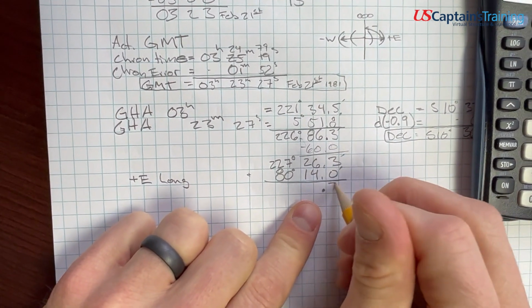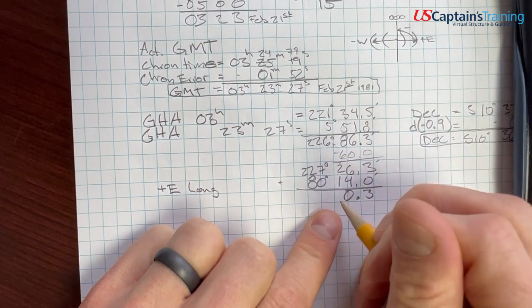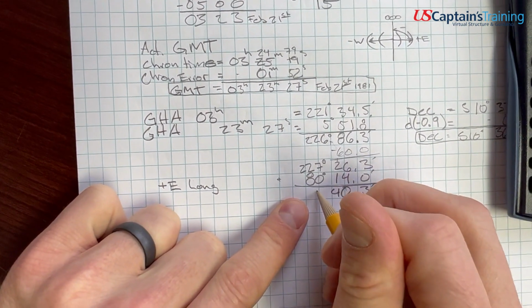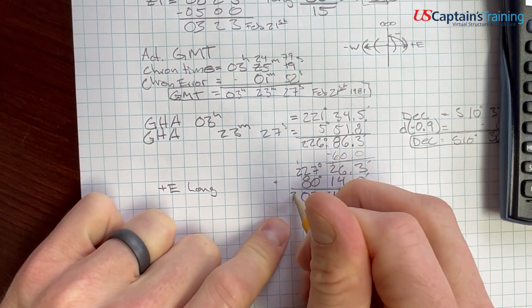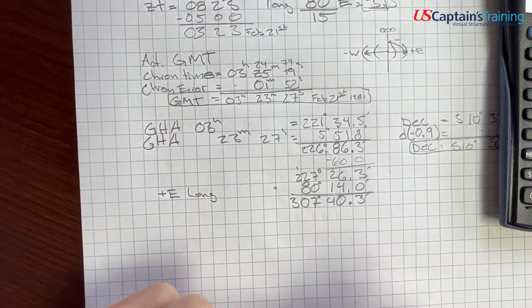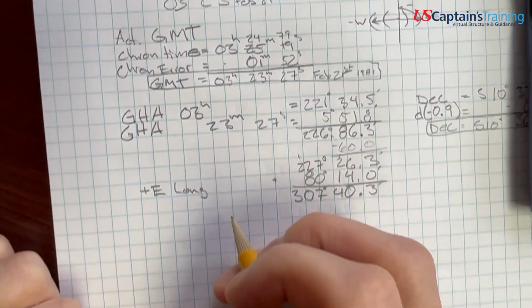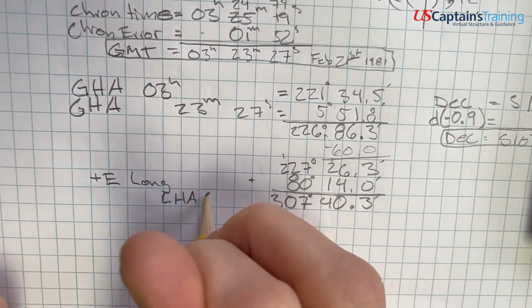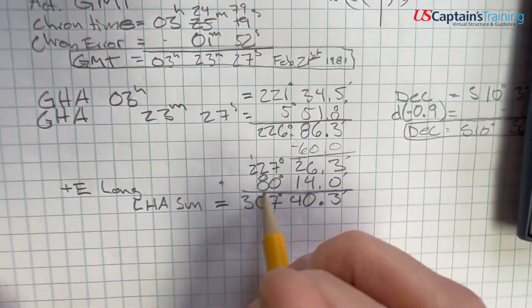So 3 plus 0 is 3. 4 plus 0 is 4. 7 plus 0 is 7. That's 307, 40.3. This is the LHA of the sun. Local hour angle. There we are.